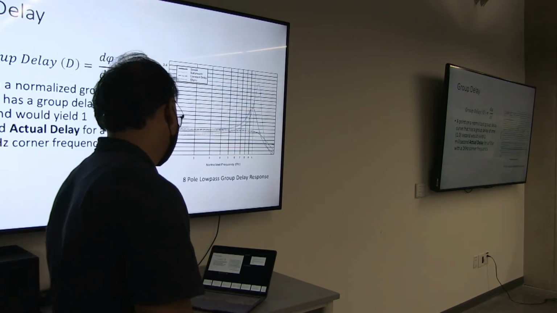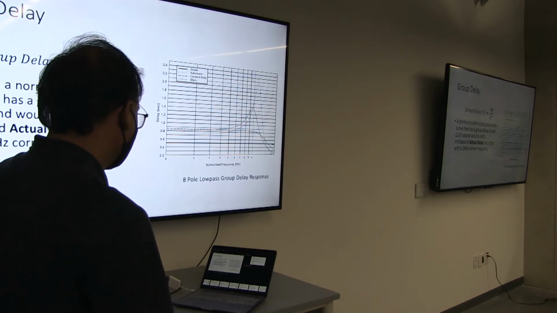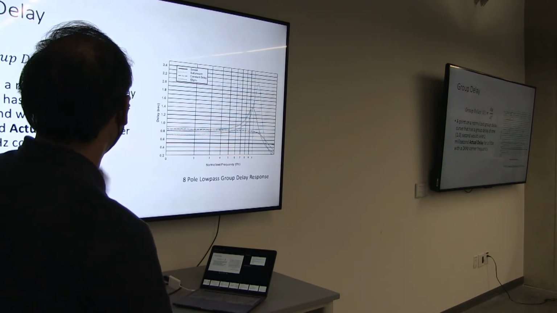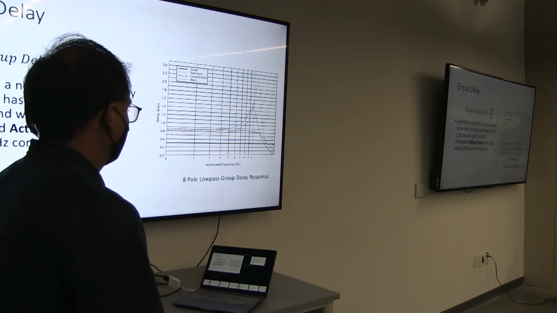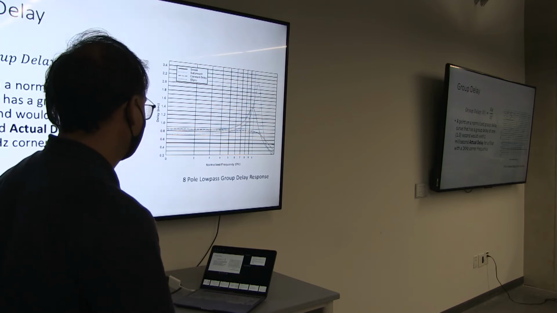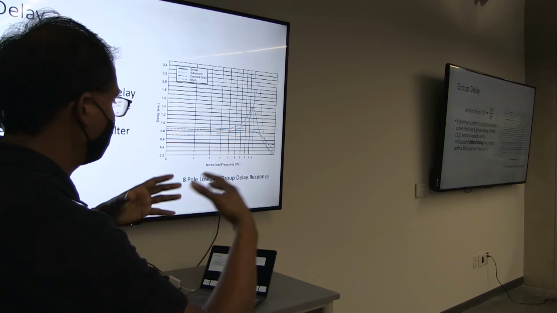And there is another figure of merit here called group delay. So group delay is basically change of phase with respect to frequency. So again, this will give us a measure on the entire frequency response.